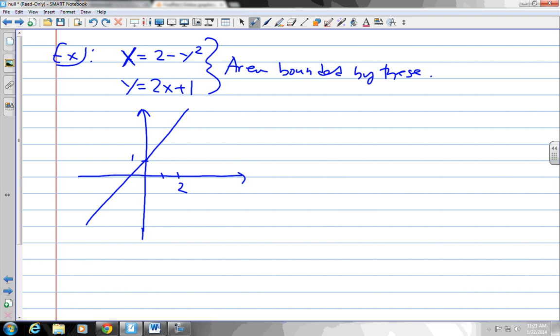The square root of 2, right? So it's a little bit like that, right? So I want to find this region, the area of this region.